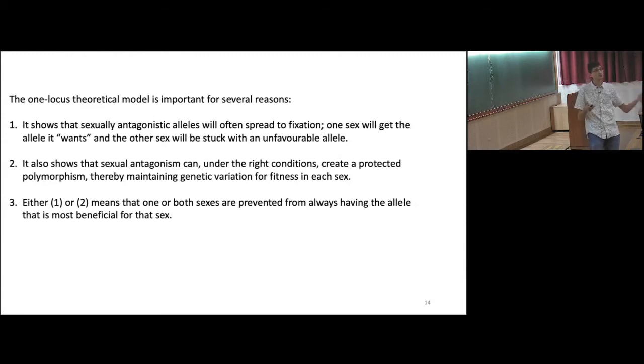That question traces back to the very early part of evolutionary biology becoming a scientific field. Regardless of whether one allele has fixed or whether the polymorphism is protected and segregating, it means that one or both sexes are prevented from 100% of the time carrying the allele that is most beneficial for that sex.